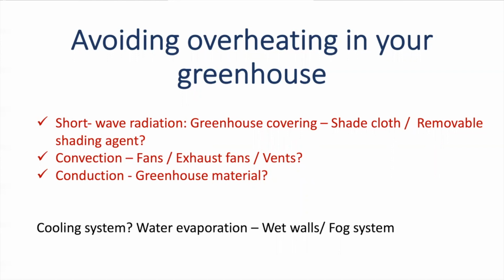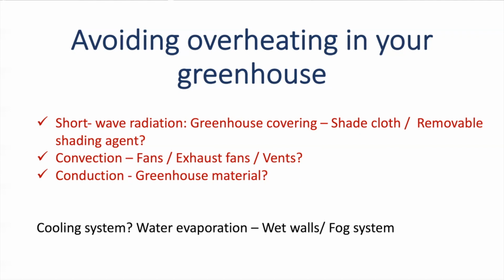Remember always to check if you need a shade coat or a removable shading agent that can be applied to reduce heat from the sun. Promote also good ventilation inside of the greenhouse and implement the use of exhaust fans when required to replace humid and warm air with more dry and cooler air.